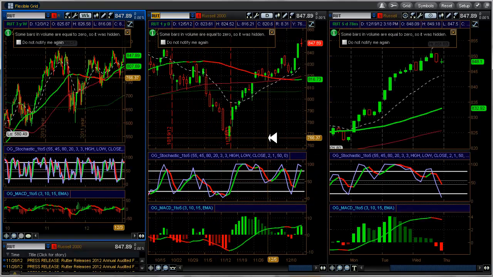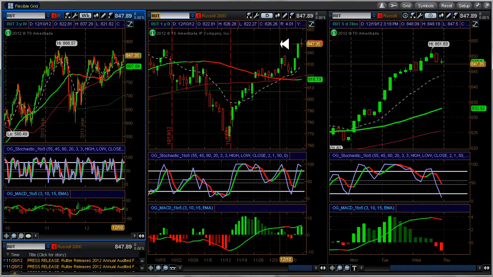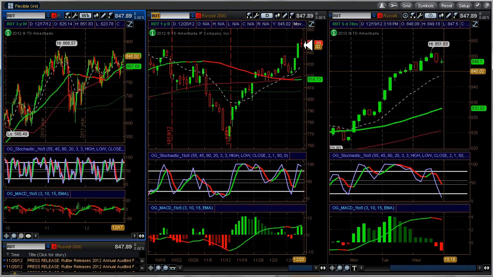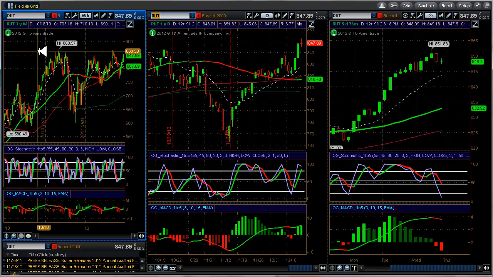We have a sort of a doji up here. I think the wicks of this candle are just a little bit too long to be really counted as a doji. But remember, we were talking about some serious resistance up here around 865 or so, 870.